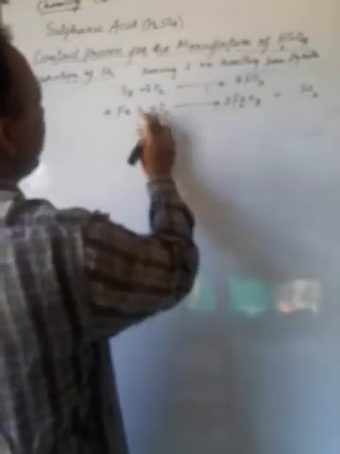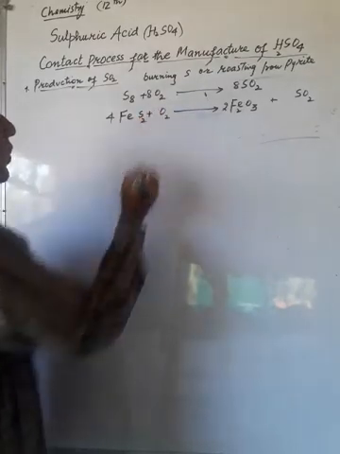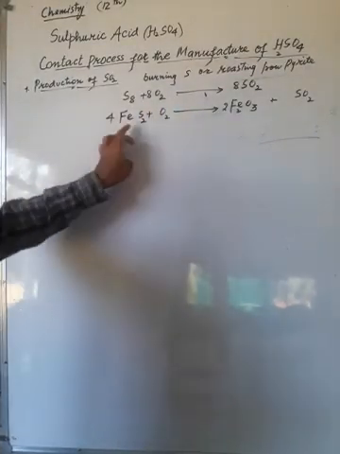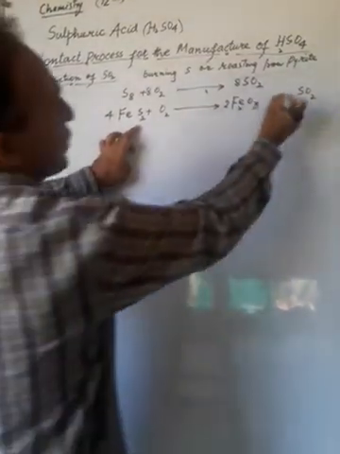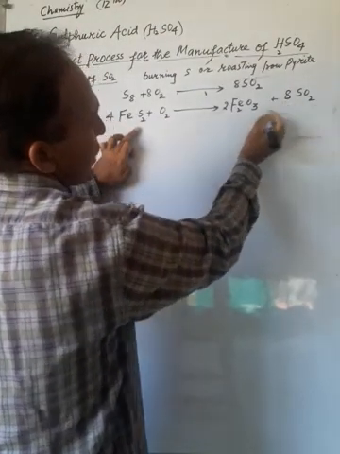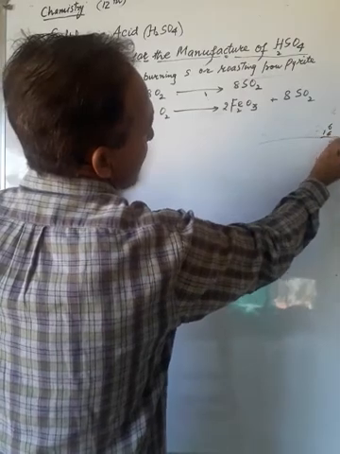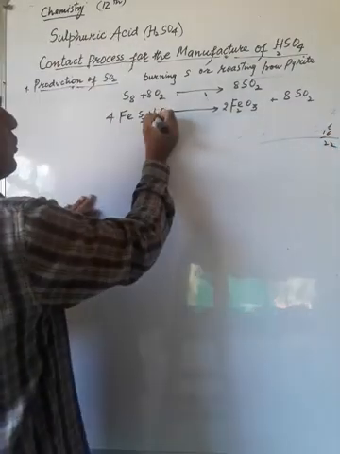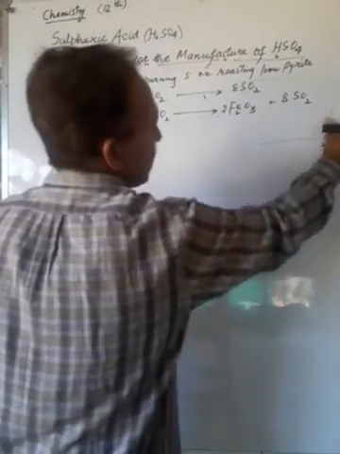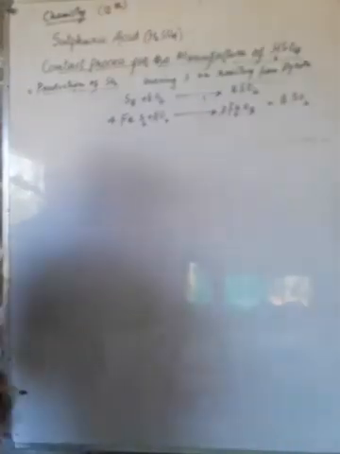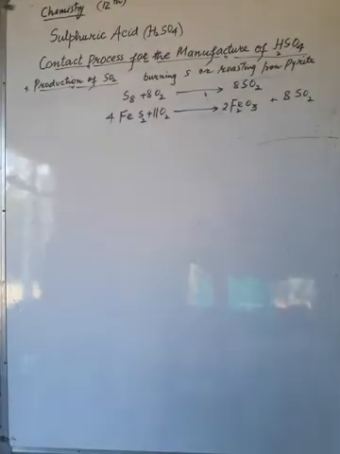Now we have sulfur, 4 2s are 8, here we will multiply it by 8. Now the oxygen is 2 3s are 6 and 8 2s are 16, 22 in total. Here we will multiply oxygen by 11 so that we get 22 oxygen. Now the first step that we have done is the production of sulfur dioxide.